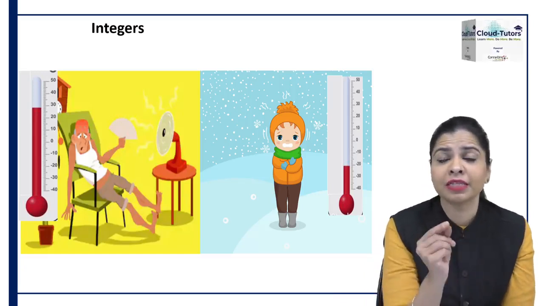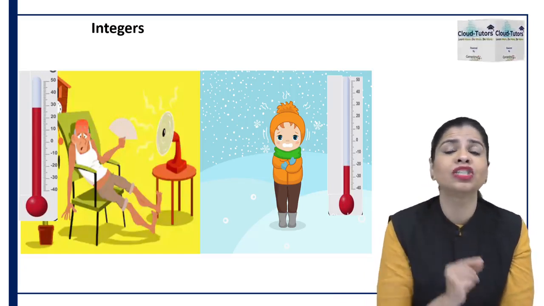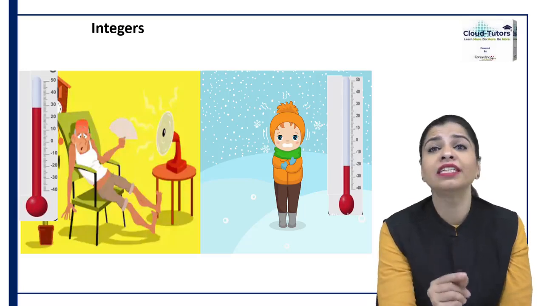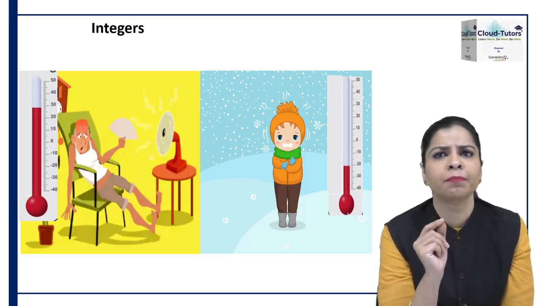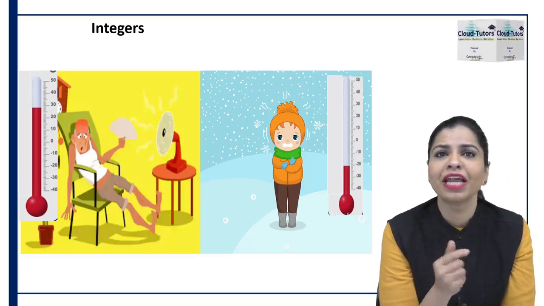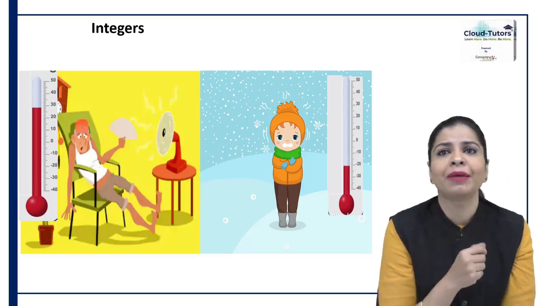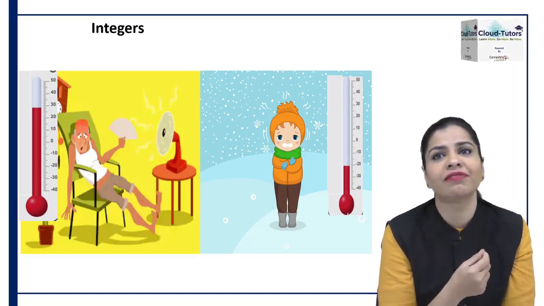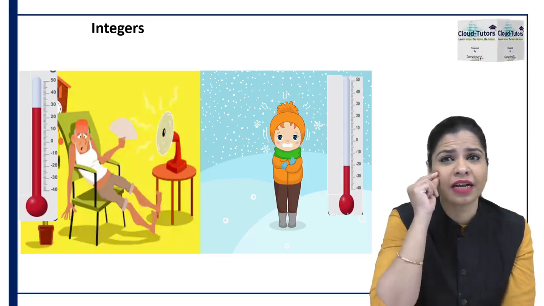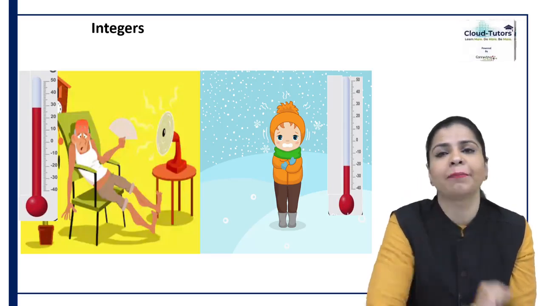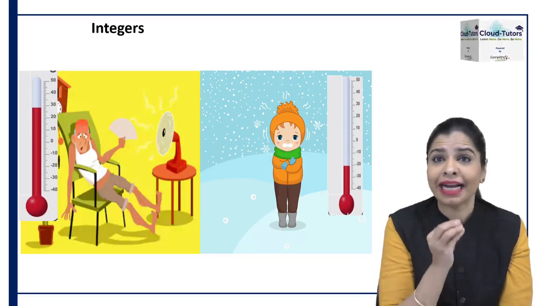Yeah. There's a place in Russia where the temperature is below 70 degrees. When I use the word below, I'm talking about -70. That is the recorded lowest temperature in the world. So yes, -70.